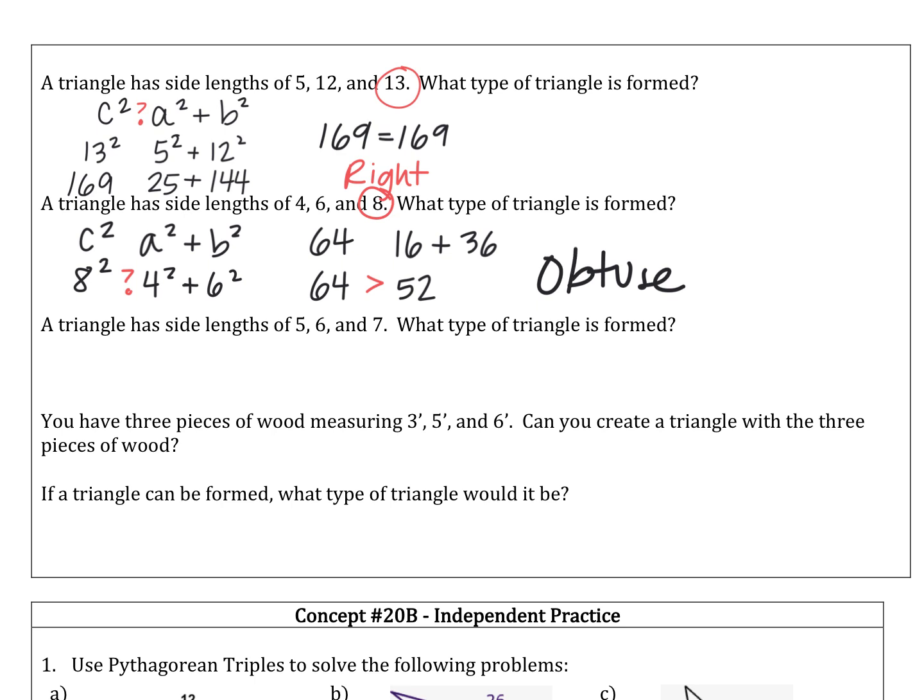Okay, last one. A triangle has side lengths of 5, 6, and 7. Again, please choose c. Make sure you know which one that is. It's not always listed third. So 7 squared, we want to see how the relationship is to 5 squared plus 6 squared. Can you please figure that out?